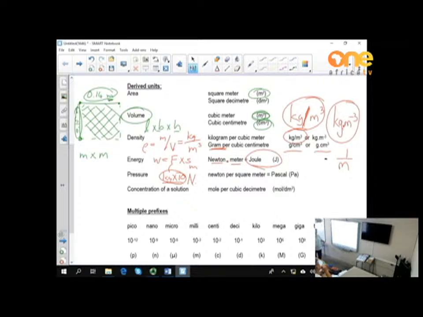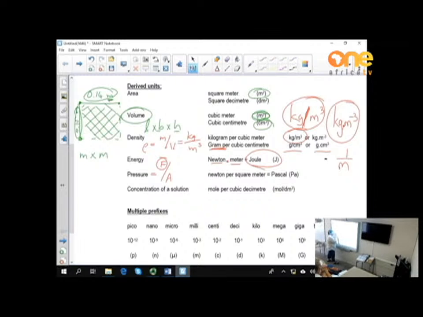All right. Pressure. Can you remember the formula for pressure? Yes. Yeah? What is it? Force per unit area. So pressure is equal to force over area. Now we know that the newton is a derived unit and area is in meters squared.